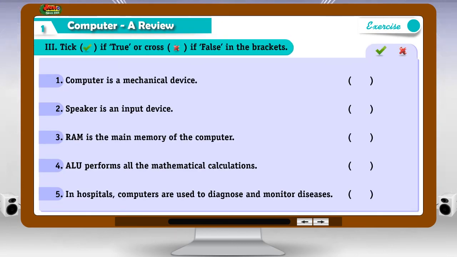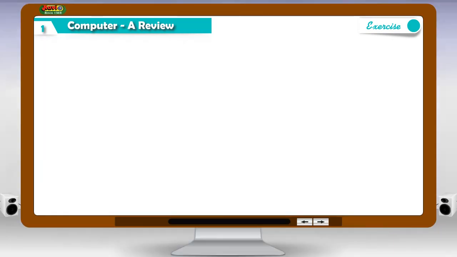Tick if true or cross if false in the brackets. 4.